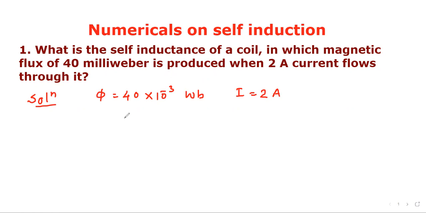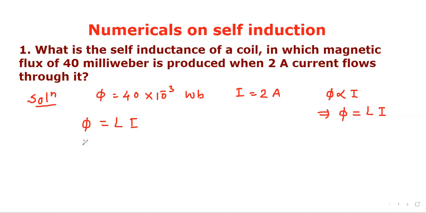Now, if you remember, I told you phi proportional to I or phi equal to Li, where L is self-inductance. So here we apply the same formula, phi equal to Li.